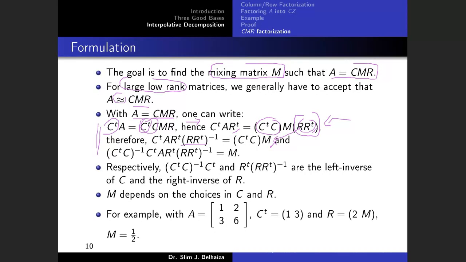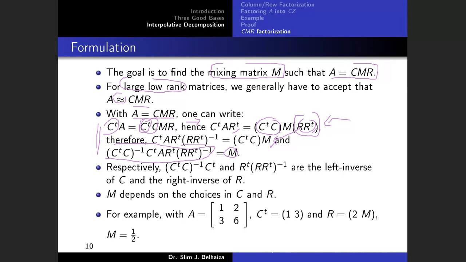Okay? And I do exactly the same thing with the CTC. I multiply now by the inverse of CTC from the left. So on the right side of my equality, I have this mathematics that emerged and M is left alone. So this is the way to get M. Right?